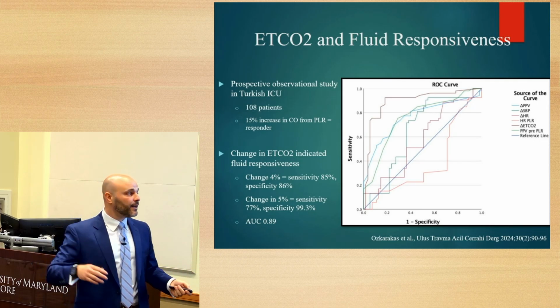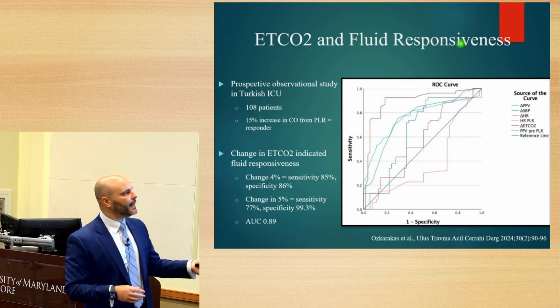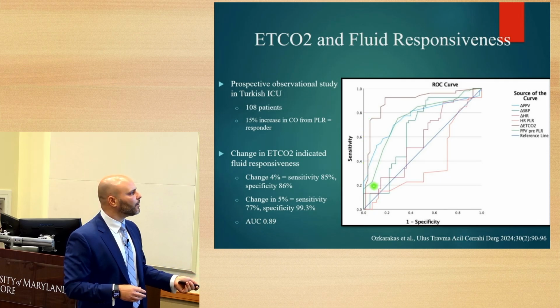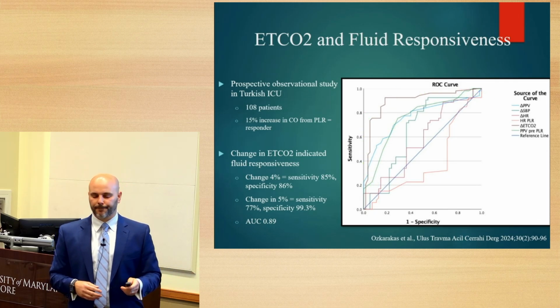If it changed 5%, specificity became 99%, and an area under the curve of 0.89. Again, outproducing systolic blood pressure changes, heart rate changes, and pulse pressure variation. So end tidal is this red line here, with an area under the curve close to 0.9.